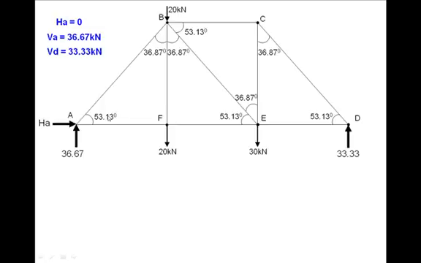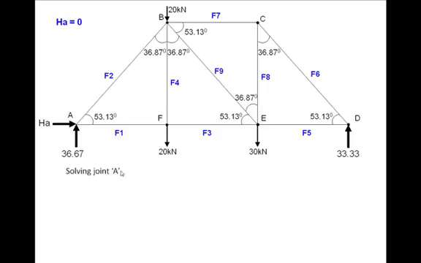Now, in order to solve internal forces by the method of joints, what we have to do is isolate a joint. But before that, let's call out the members, because these are the forces we have to work out. We call them F1, F2, F3, F4, and so on up to F9. Nine members, that is, 9 forces we have to work out.